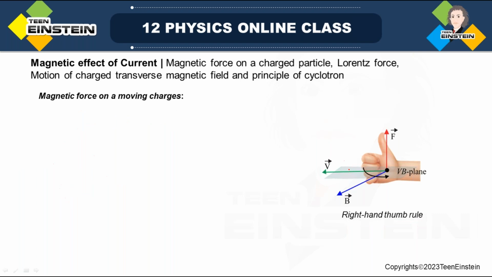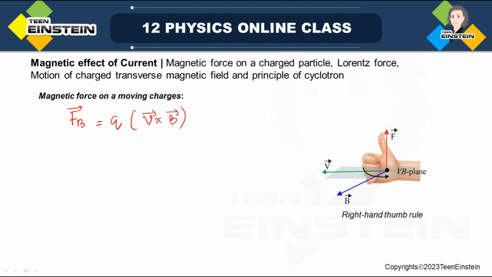When you do this, your thumb will direct you in the direction of the magnetic force, or of any cross product. So the thumb will give you the direction of the product.